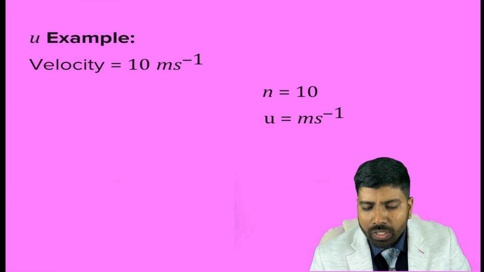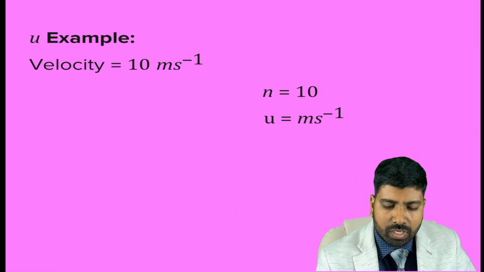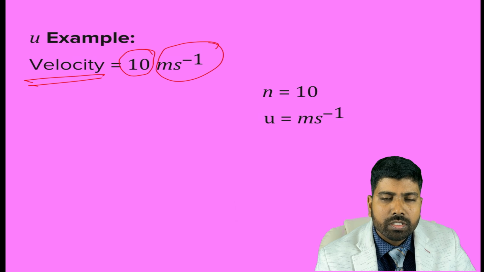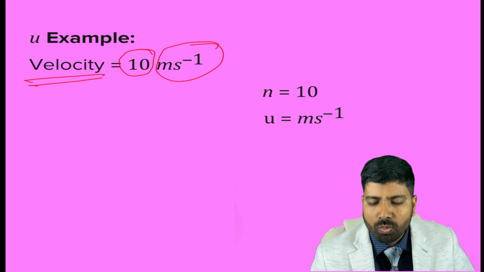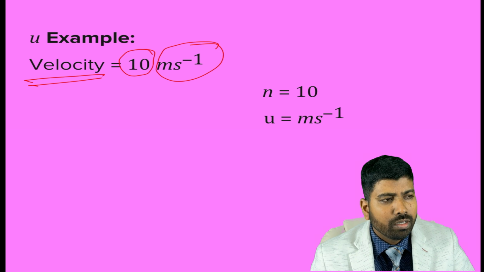Now, I have given one example here, this velocity. It is a physical quantity, and it has a numerical part and its unit. All the physical quantities will have two parts, a numerical part and a unit.